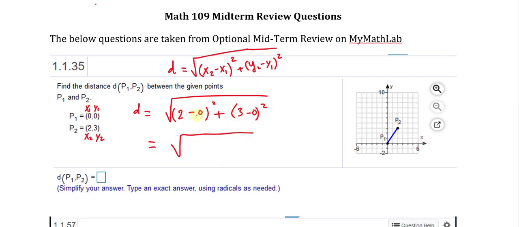That gives 2 squared is 4, plus 3 squared is 9. 3 times 3 is 9, 2 times 2 is 4, and 9 plus 4 is 13. So the square root of 13 is the distance. This is the exact answer, so we use the radical of 13. Okay, so that is the first problem.